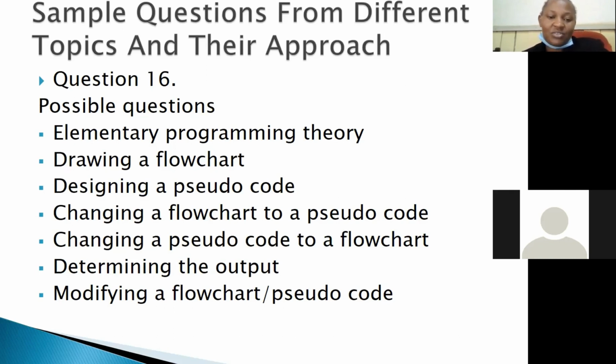In determining the output, you should know that sometimes a flowchart or a pseudocode will have an output within the loop. If the output is within the loop, remember that you are going to give several outputs. But if the output is outside the loop, you are only going to give the last output.